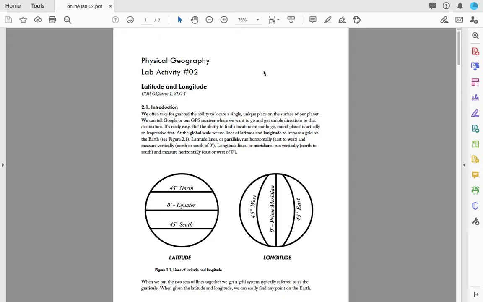But what I will say with these labs, as you're going through them, make sure that you are, in fact, reading this stuff. I think I mentioned this the first time we interacted on that Zoom meeting, but do make sure you read through the stuff that's written here.